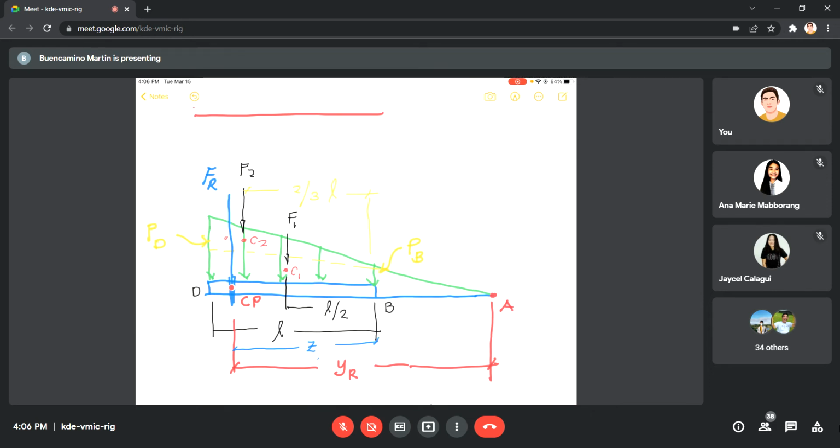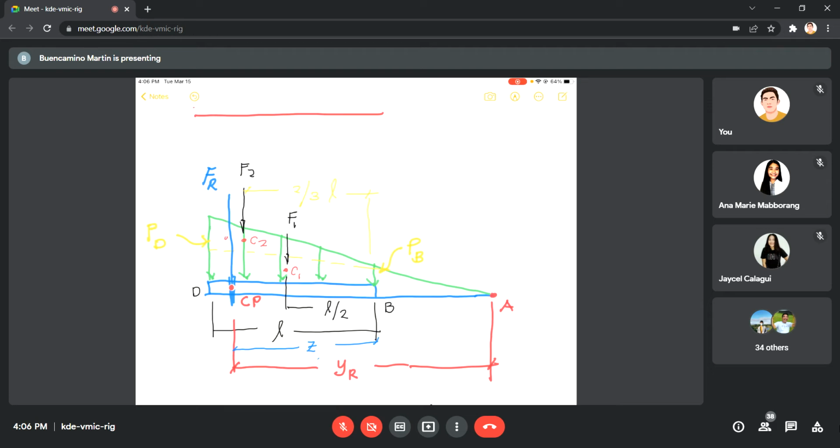So, ganyan horizontal beam natin, and then we treat the pressure as if it is a uniformly varying load, and it varies from point B to point D. Trapezoidal ang kanyang shape.